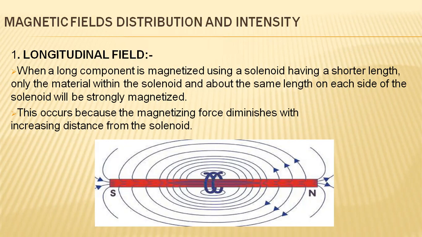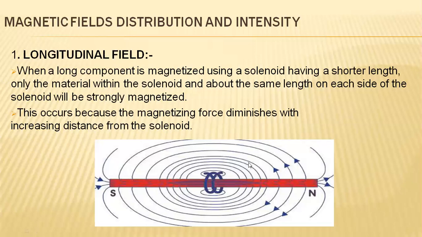And the material within the solenoid, the electrical field generation, will be progressing. This occurs because the magnetizing force diminishes with increasing distance from the coil.